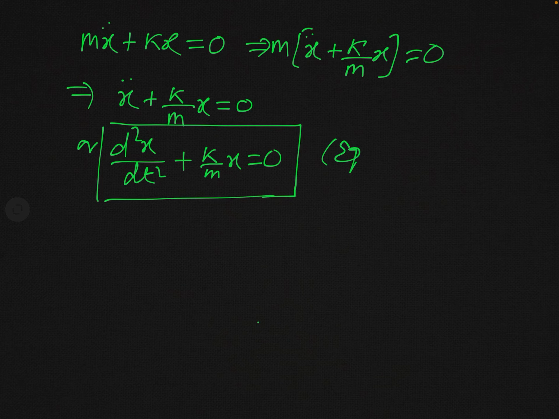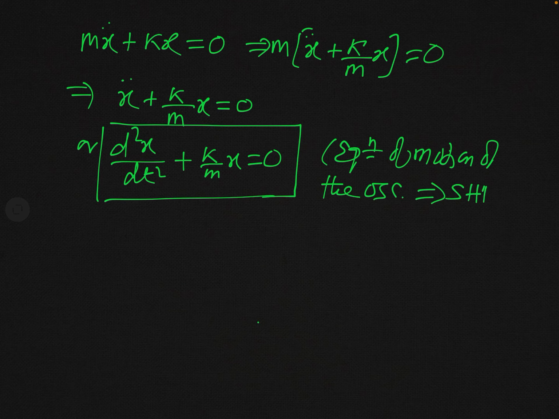So this is the equation of motion of the oscillator, and this represents simple harmonic motion. So you can say that this linear harmonic oscillator actually executes simple harmonic motion about the equilibrium position.